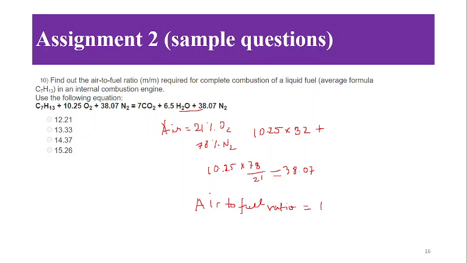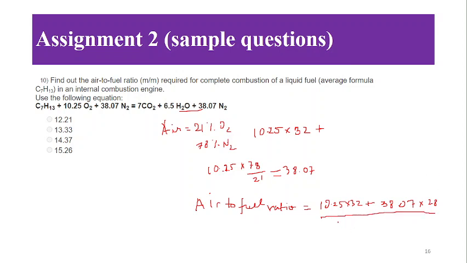So it will be 10.25 into 32 plus 38.07 into 28 upon the mass of the fuel.